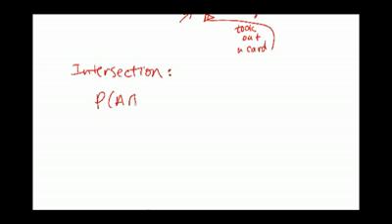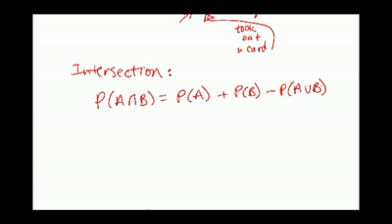Probability of A or B would be probability of A plus the probability of B minus the probability of A and B. Alright? So know this formula, and these two are interchangeable, and you will be given 3 out of the 4 parts to this puzzle, and you can then solve for the 4th.